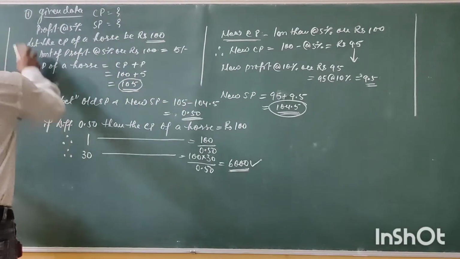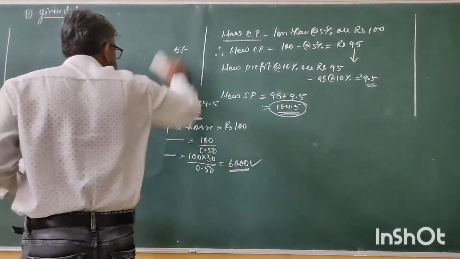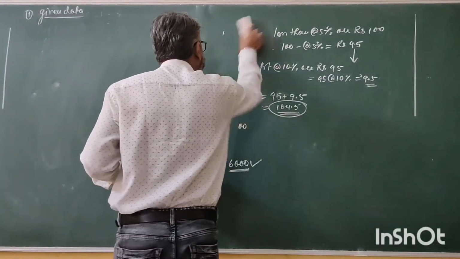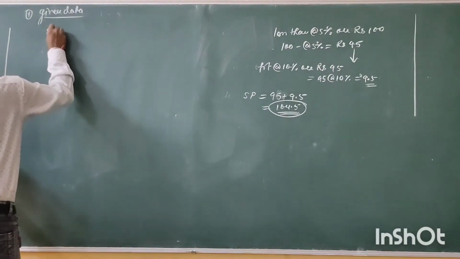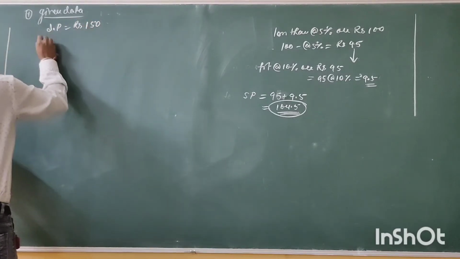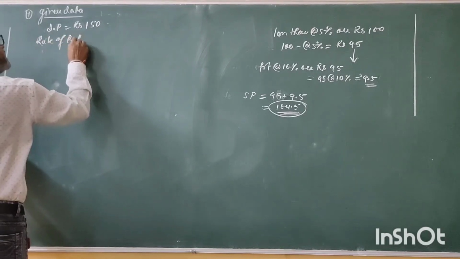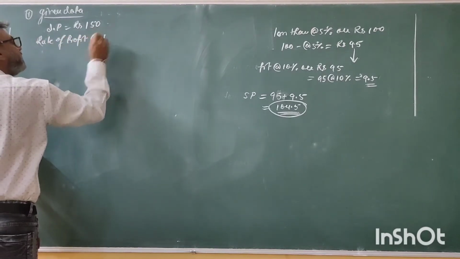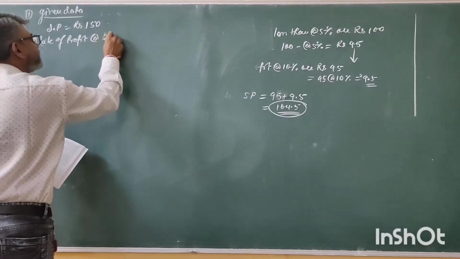Now the second one, as per given data, the selling price is there. Understand? Selling price SP is equal to rupees 150 and the rate of profit is 25%. Understand? As per question.